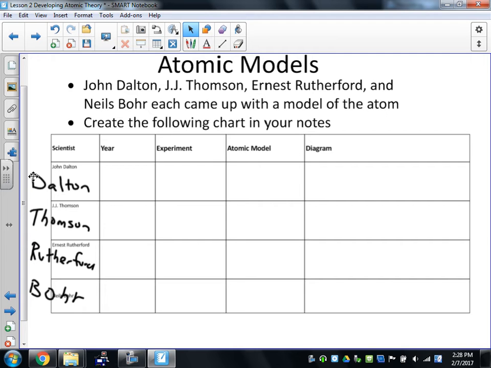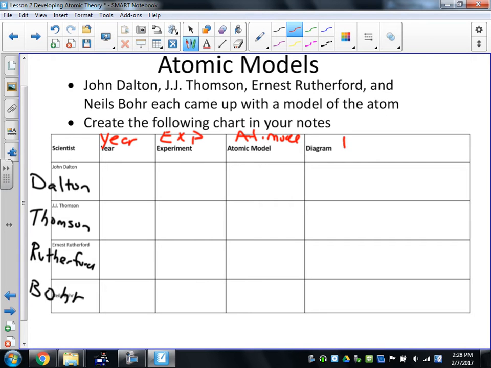And we're going to fill these in for the year, the experiment he did, the atomic model, if we can come up with one, and a diagram for that atomic model.